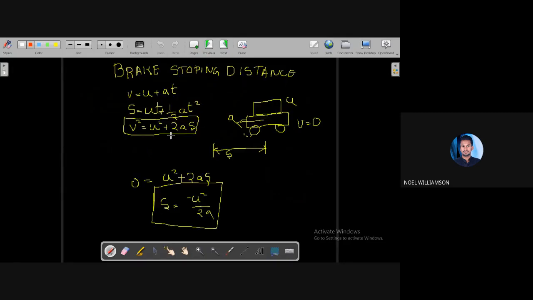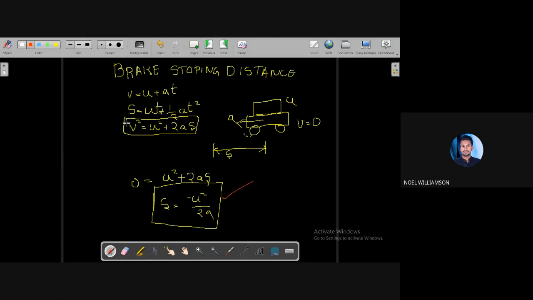Brake stop distance means the distance through which the vehicle may move after retarding when the brake is applied, until the vehicle stops or becomes stationary. That particular distance is the brake stop distance, and here is the equation for the same.